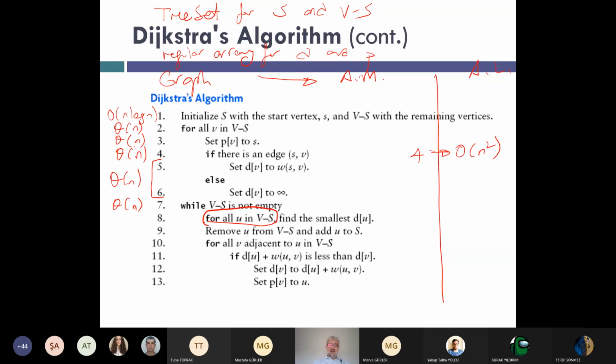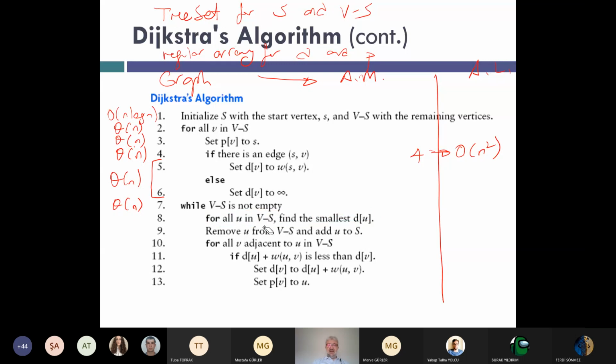So the for loop will take linear time with the size of V minus S. And checking whether it is smallest takes constant time for each element, and so does updating the smallest. So overall running time of this will depend on the size of V minus S.